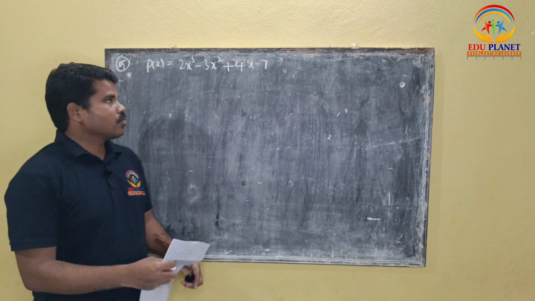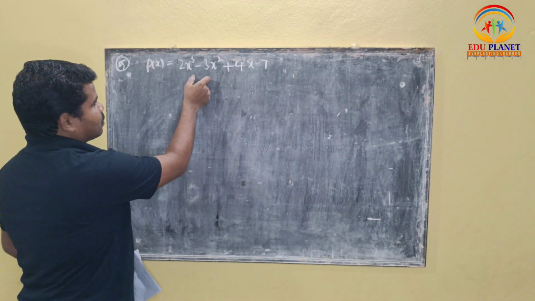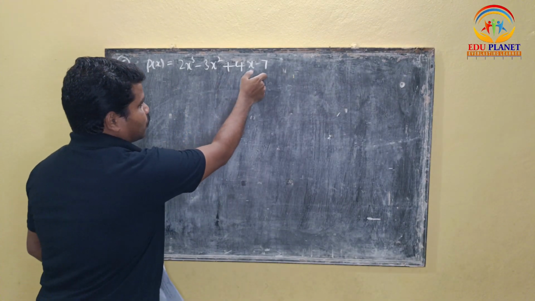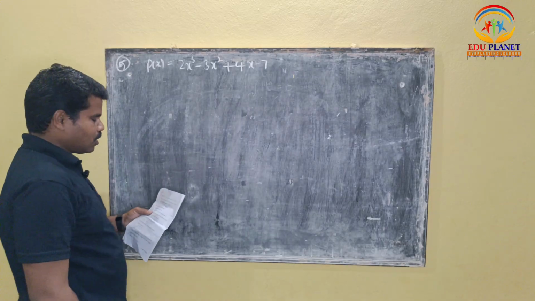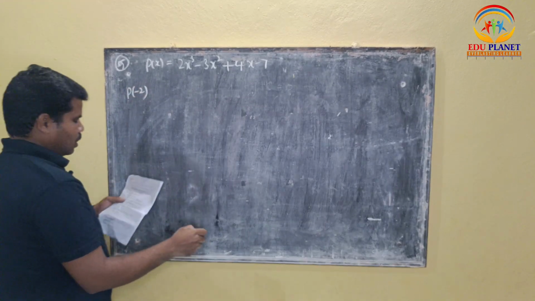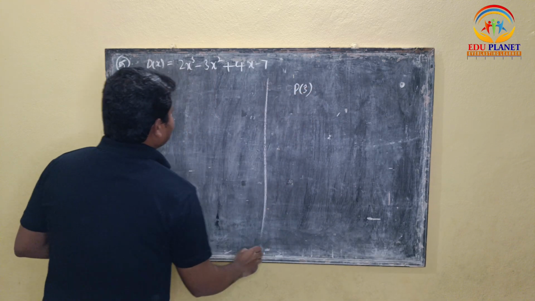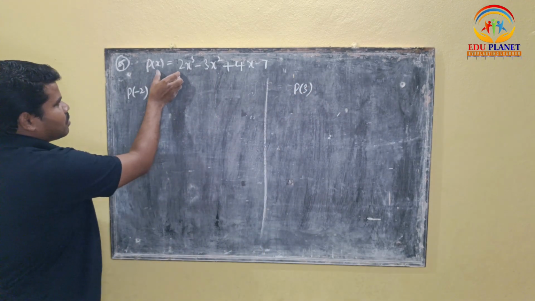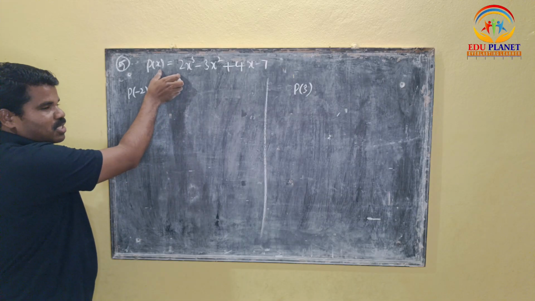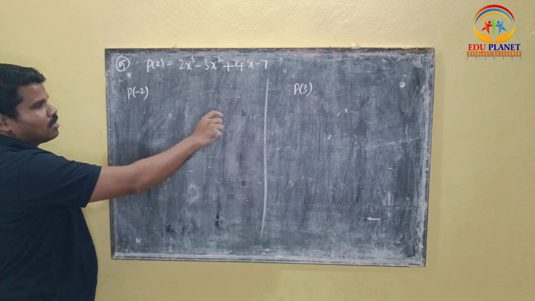Yes, this is our question number 5. Given that the polynomial p of x equals 2x cube minus 3x square plus 4x minus 7, we need to find the values of p of minus 2 and p of 3. Very simple concept. In place of x, we need to substitute the value minus 2 here, and there, 3.